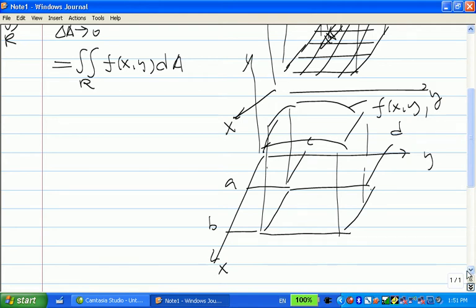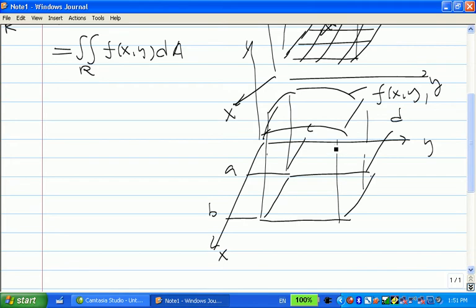Okay. Now, you think about it this way. For fixed y, for given y, you have a line like this. Go up, you get a curve, okay? You have f(x,y), fixed y, so this is only a function of x. You get a curve like that.